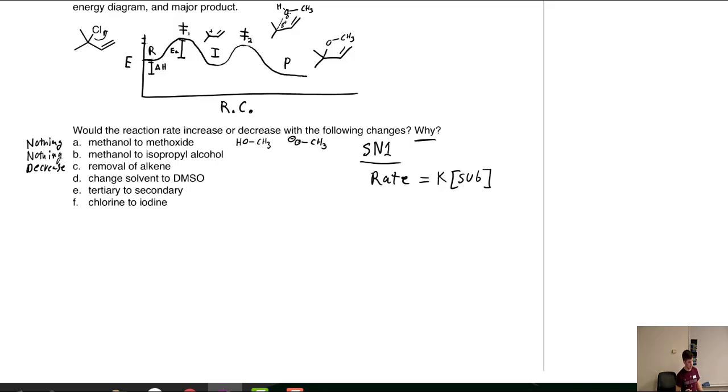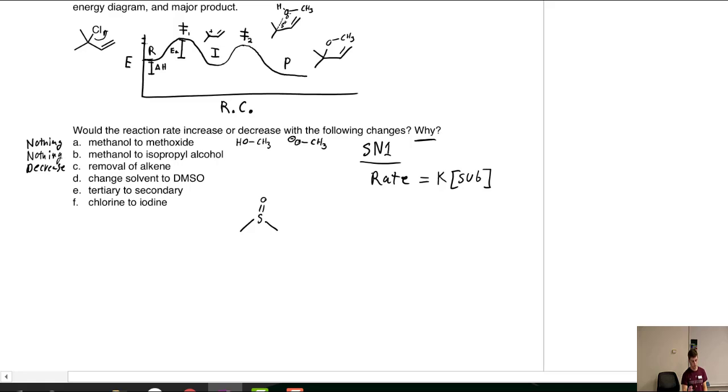So it's going to slow down because SN1 prefers protic solvents. And the reason it prefers protic solvent is it stabilizes the carbocation intermediate. Now dimethyl sulfoxide is like this, and it's one of the ones that generally promotes SN2. However, it is not in our rate law here, right? But it does affect the substrate because of its ability to leave due to its stabilizing.